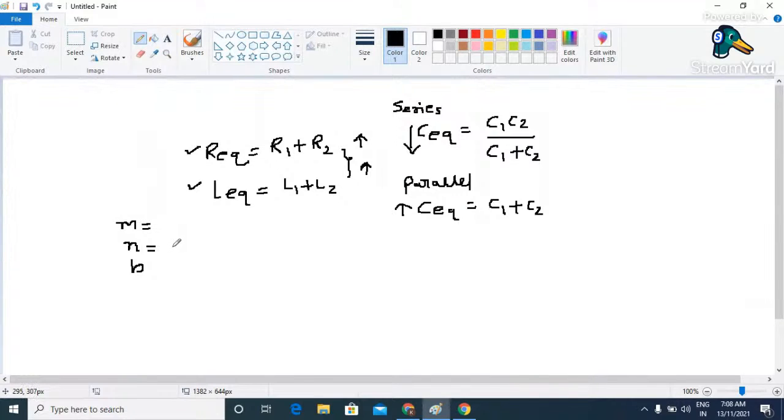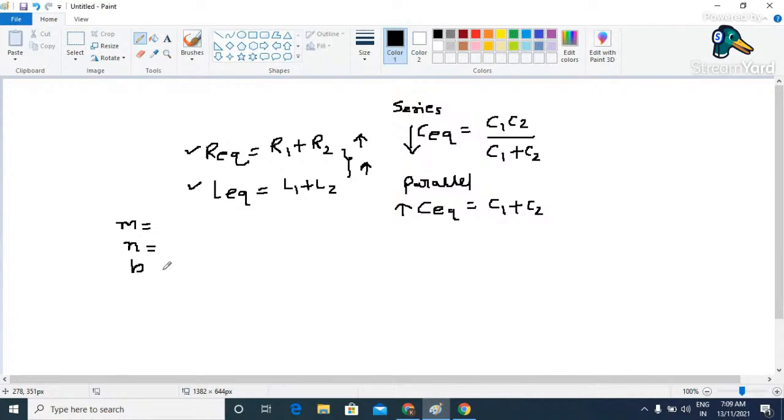It may be possible that at a node we have a combination of active and passive elements, or only different types of active elements, or only different types of passive elements. The thing is that a node is a point or junction where two or more circuit elements are connected.